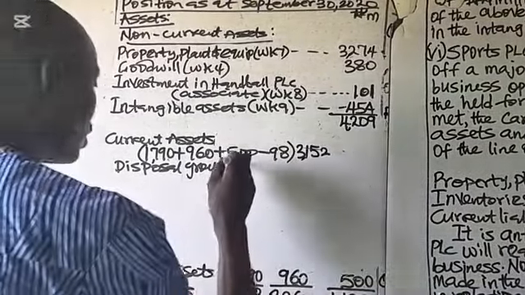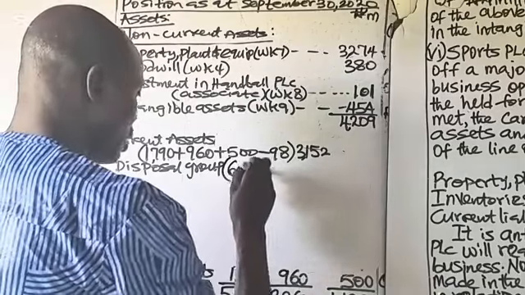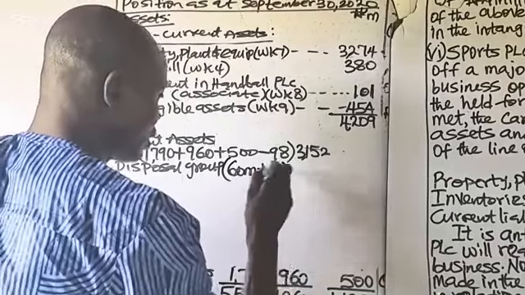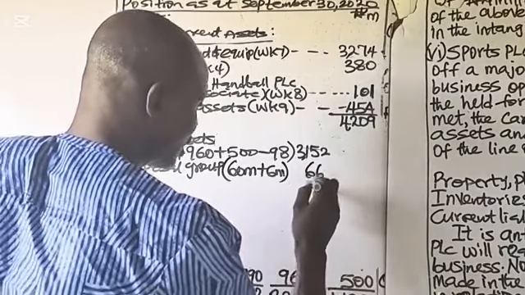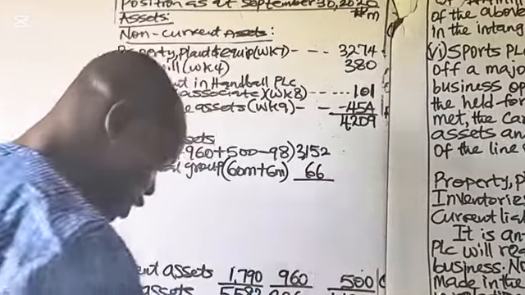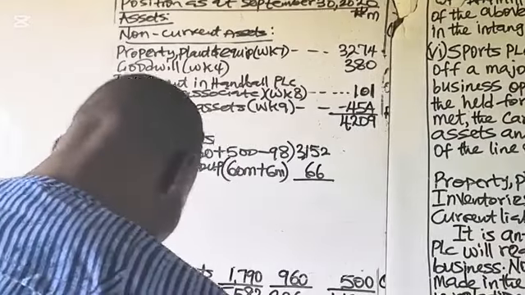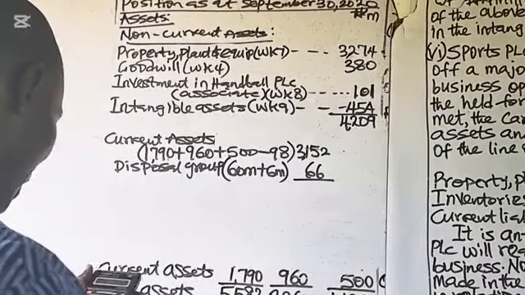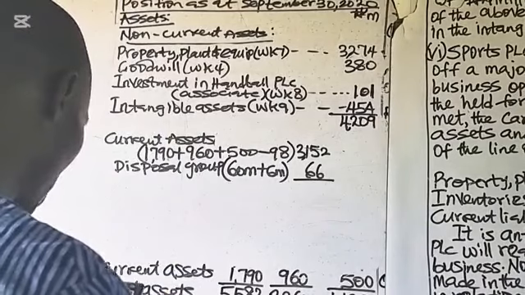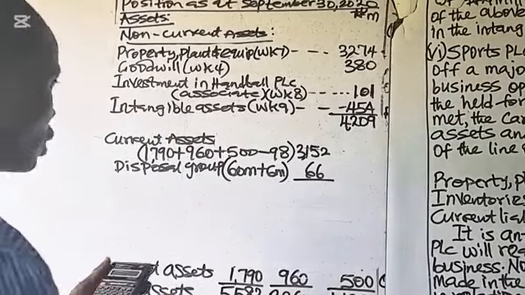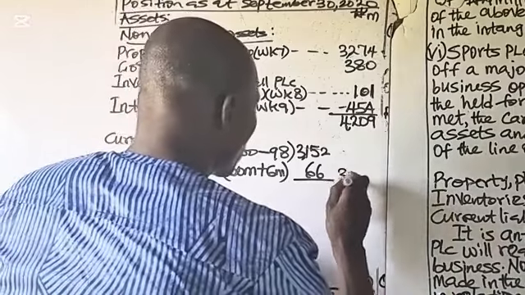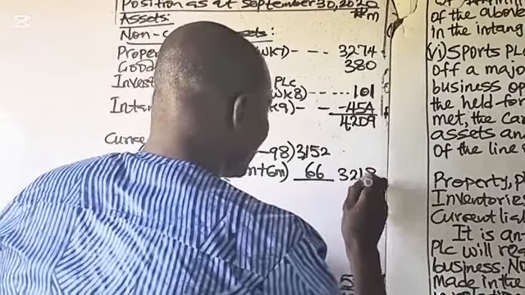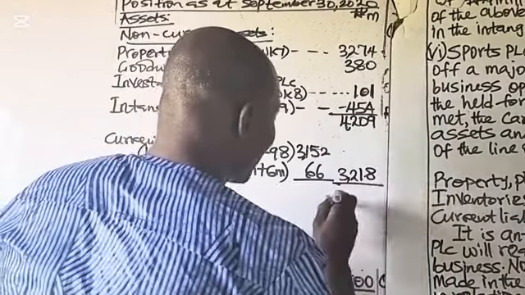60 million plus 6 million liability. So we have 66 million. When you sum up all this, you have the total of our current assets, 3152 plus 66. You have 3218. That is the total of the current assets.